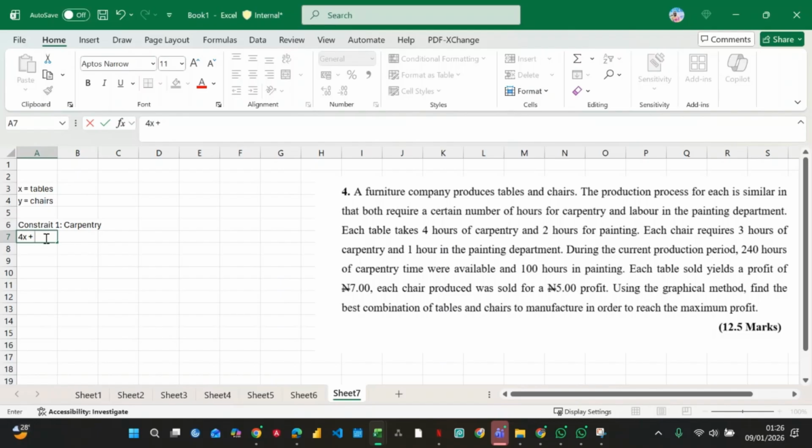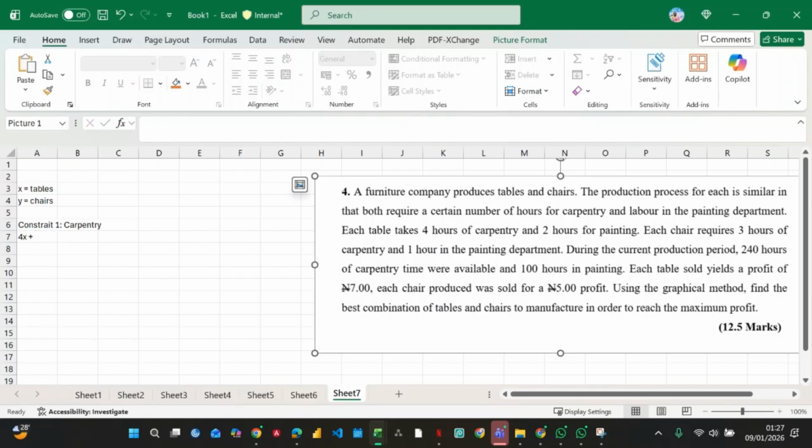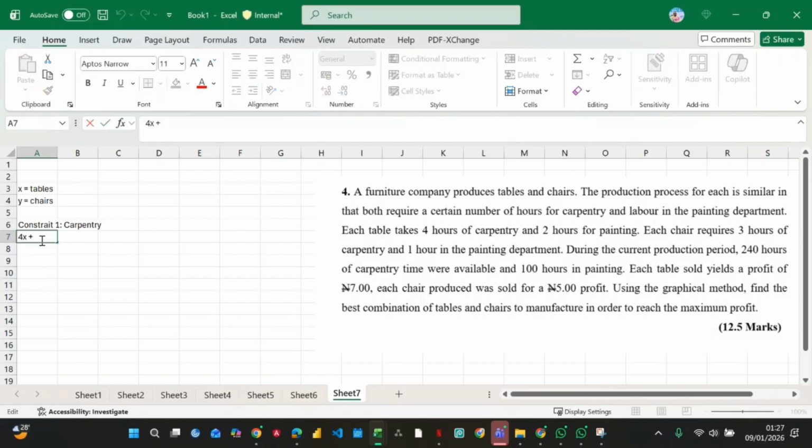For painting, 2 hours. Each table takes 4 hours of carpentry and 2 hours of painting. What we are looking at here now is the chair, not the time hour. Do you understand?